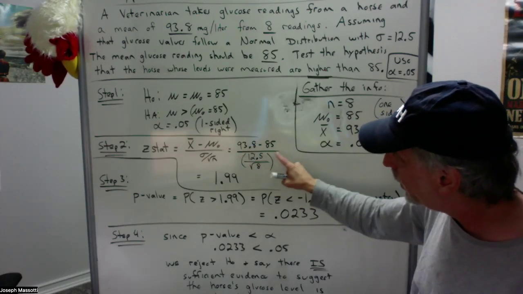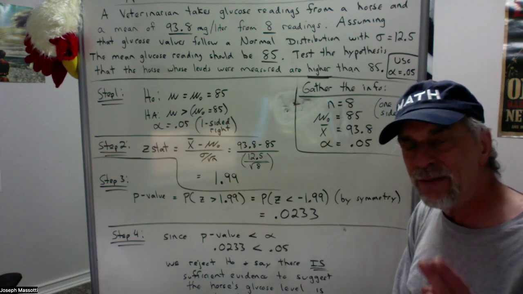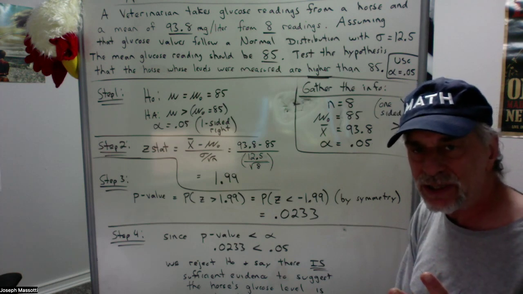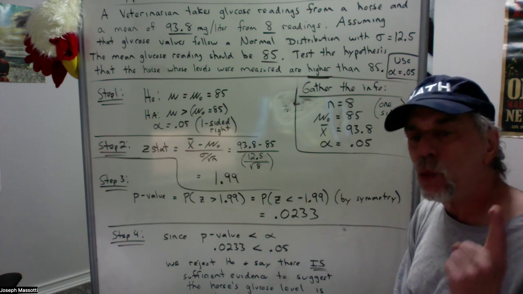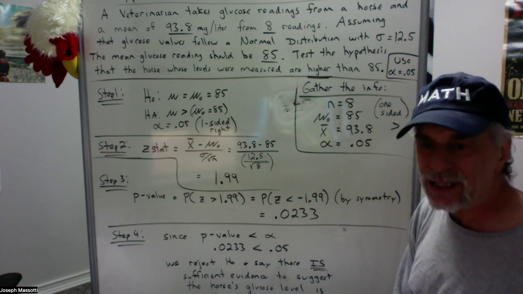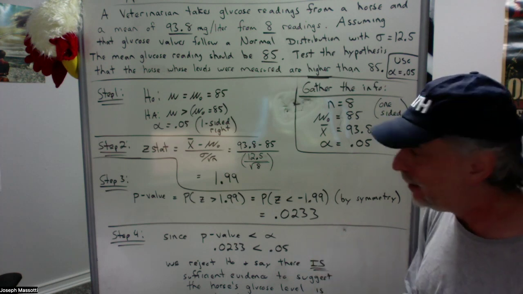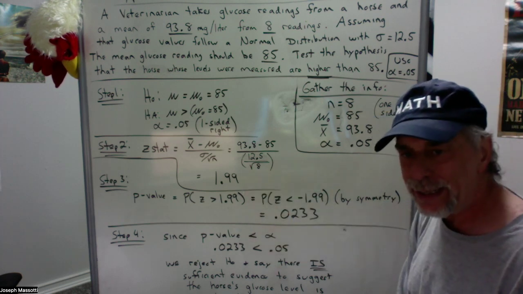You calculate that number, you round it to 2 decimals, right? Remember, z values you round to 2 decimals because that's the way the table is set up. If it's a t value, you're going to round that to 1 decimal because that's the way the table is set up. So you want to get these details straight. We round our z value to 2 decimals, we get 1.99.